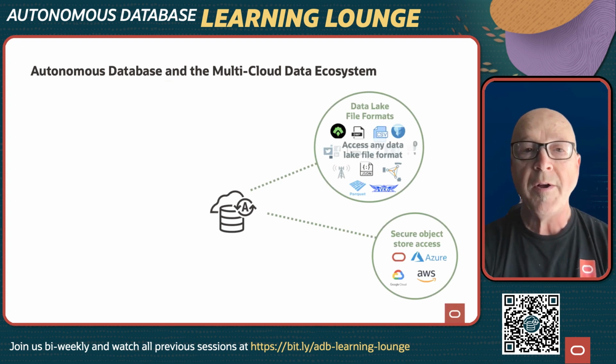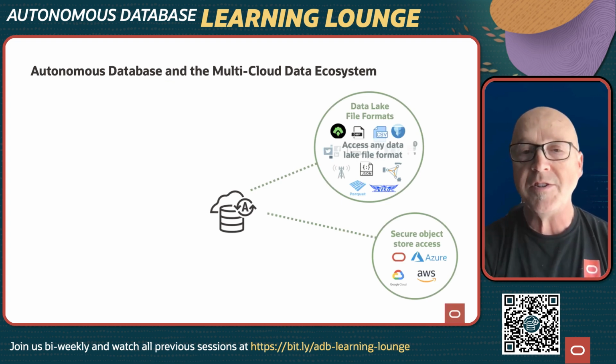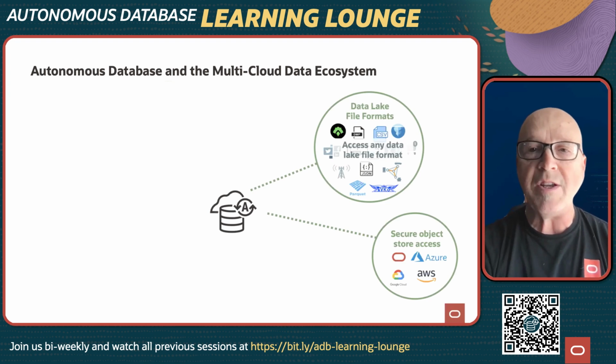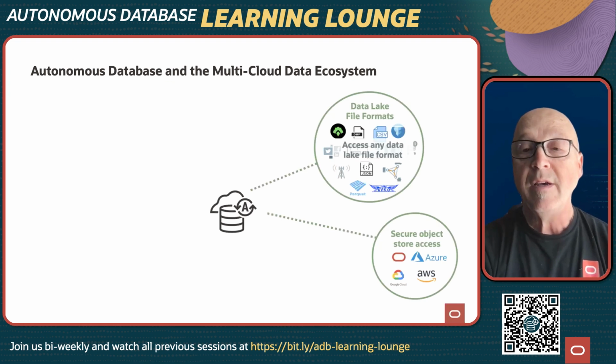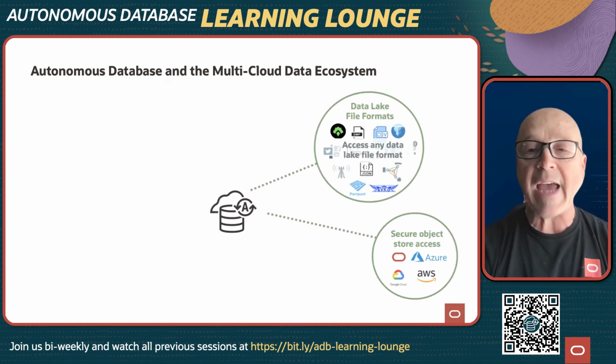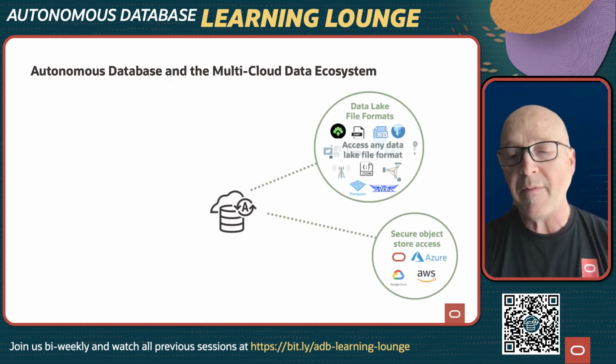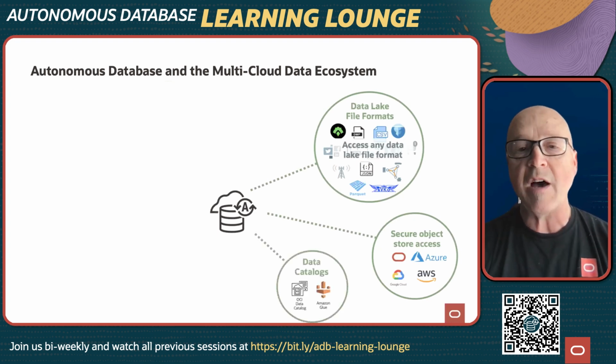And so we are taking this technology that you're about to hear about, and we're extending it so that we can reach out to data lake formats, including other cloud providers, and we're securing access through these different cloud providers in the ways that are native to those cloud providers.